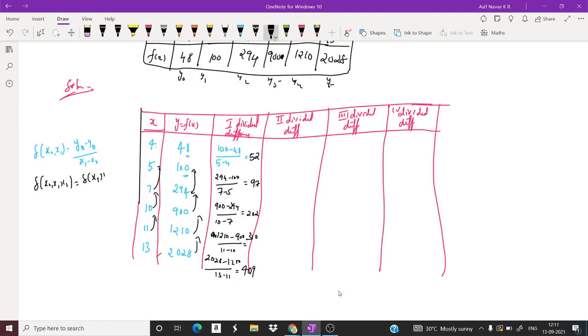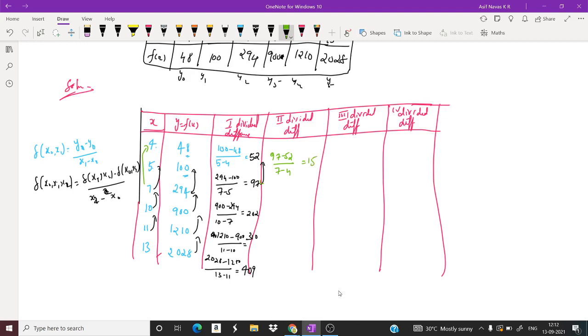Now the second divided difference: we know that delta x0 x1 x2 is delta x1 x2 minus delta x0 x1 divided by x2 minus x0. So we will subtract: 97 minus 52 divided by 7 minus 4, which is 15.